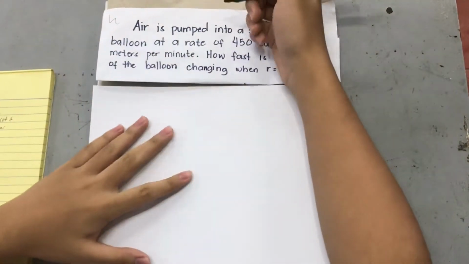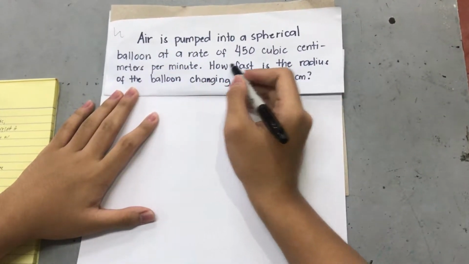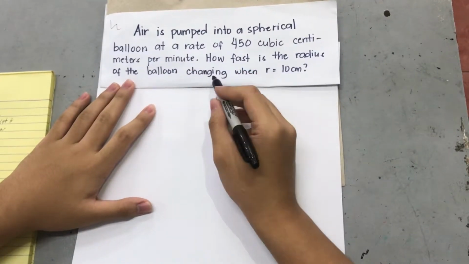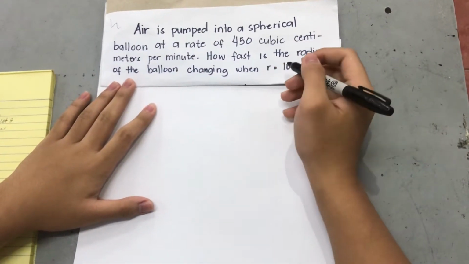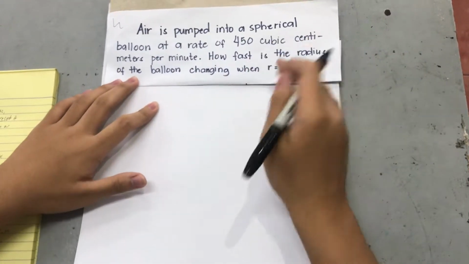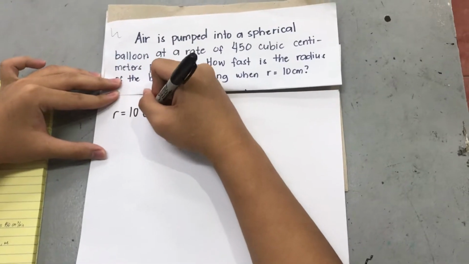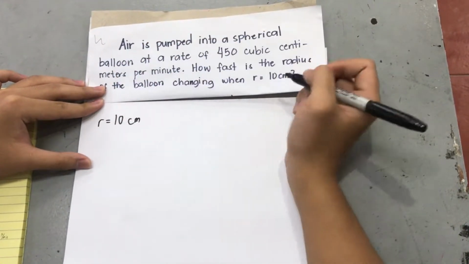For this problem, air is pumped into a spherical balloon at a rate of 450 cubic centimeters per minute. How fast is the radius of the balloon changing when r equals 10 centimeters? Now, we know that r equals 10 centimeters. But what about 450 cubic centimeters per minute?